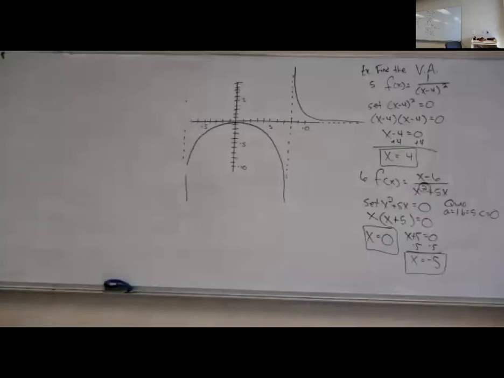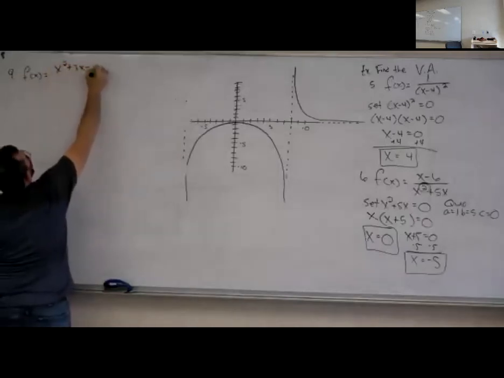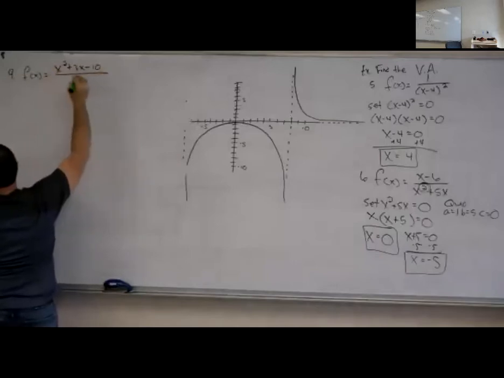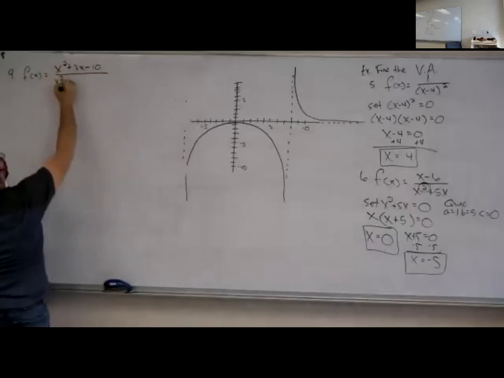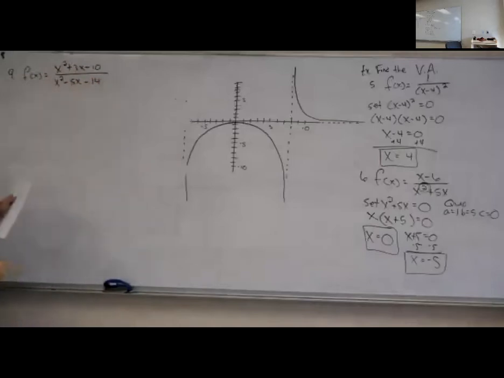All right, let's see. I need another asymptote. Let me try one. Okay, I'll try this one. This one is like number 9. F of x equals x squared plus 3x minus 10 over x squared minus 5x minus 14.